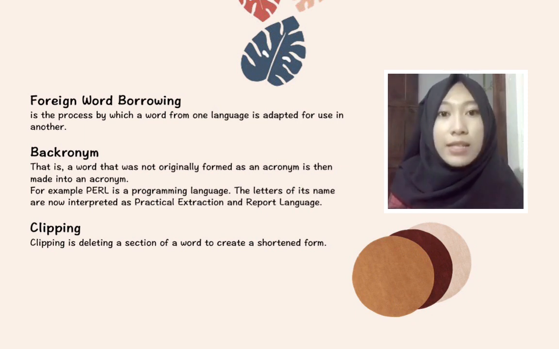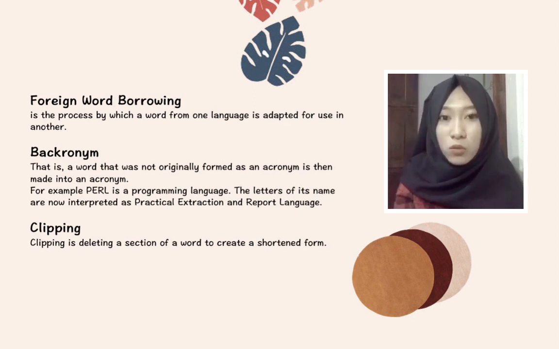The next one is clipping. Clipping is deleting a section of a word to create a shortened form. For example, gas is clipped from gasoline, phone from telephone, gym from gymnasium, app from application, stat from statistic, and fan from fanatic. The next one is backronym.